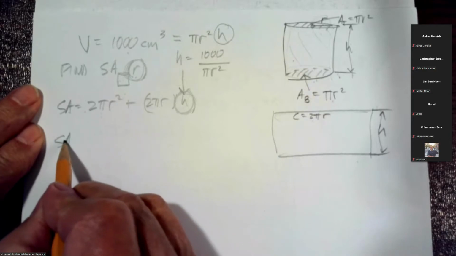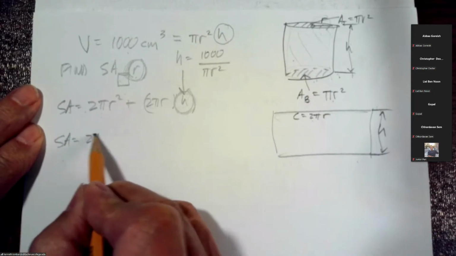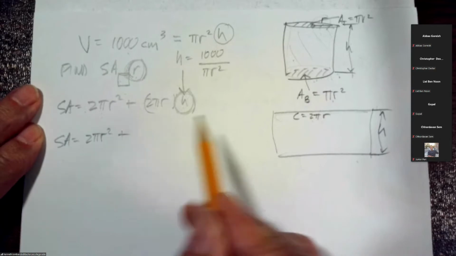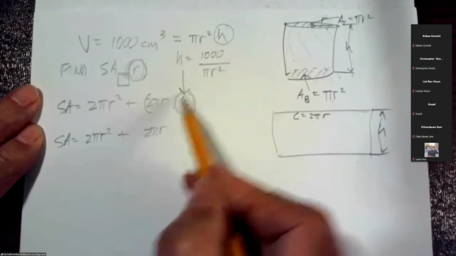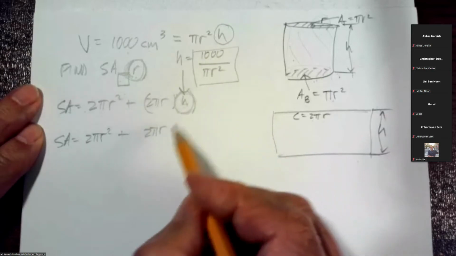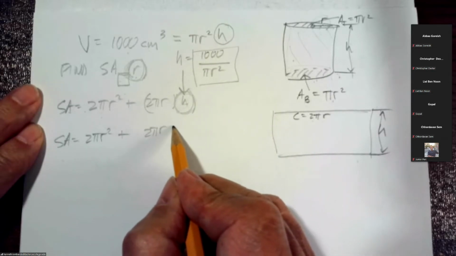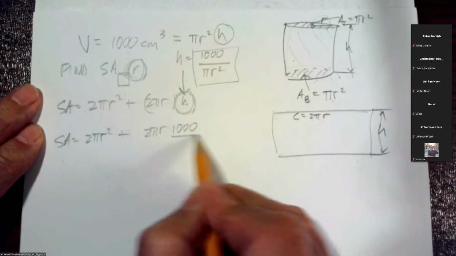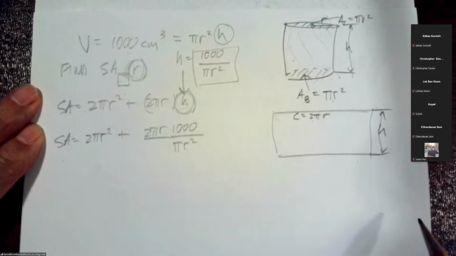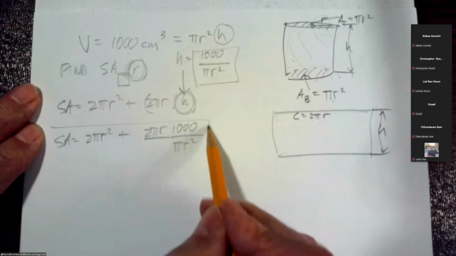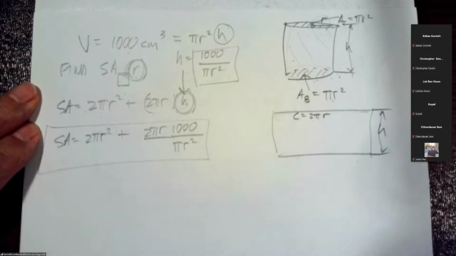So the surface area as a function of r is 2 pi r squared plus 2 pi r h, and h as a function of r is 1000 over pi r squared. All right, so it looks like that would do it.